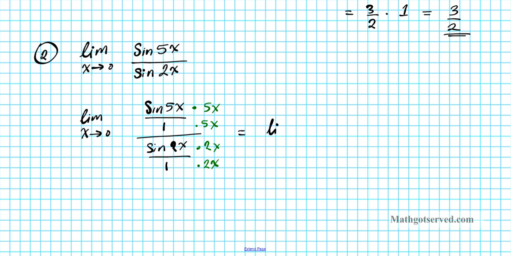Notice I'm going to order these terms right here. I'm going to have the limit as x approaches 0. In the numerator, you take the term you multiplied by and place it in the front of the trig function, and then the bottom goes to the bottom.